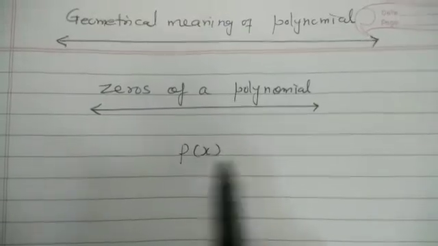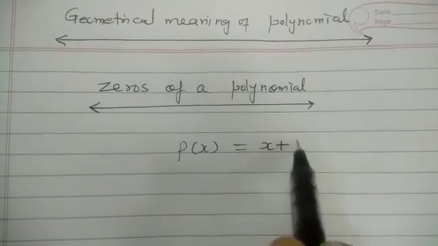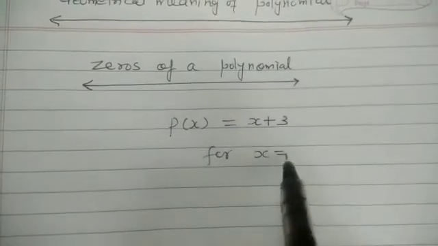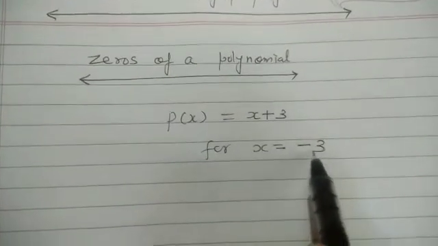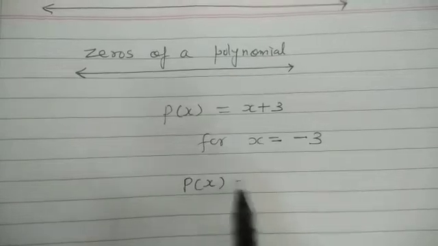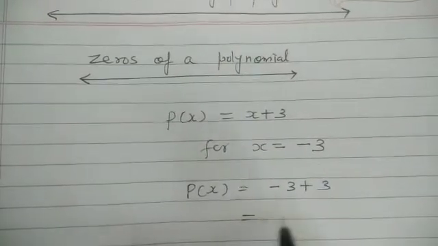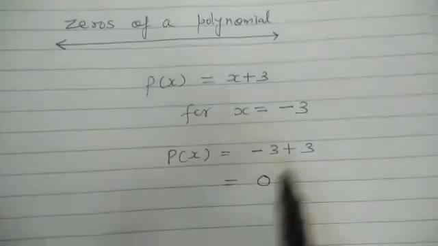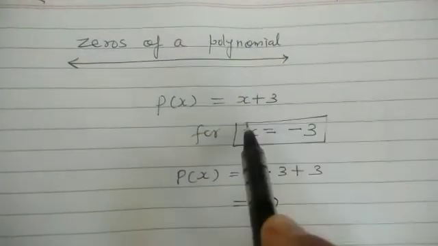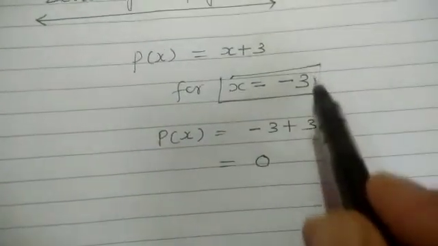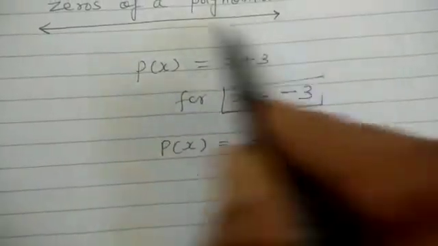If we have polynomial p(x) equal to x plus 3, then for x equal to minus 3, p(x) equal to minus 3 plus 3 will become 0. So for x equal to minus 3, this polynomial becomes 0. So this minus 3 is the 0 of this polynomial.